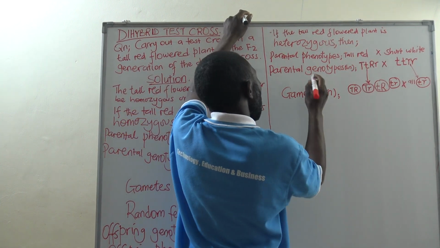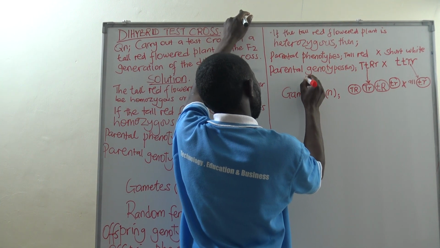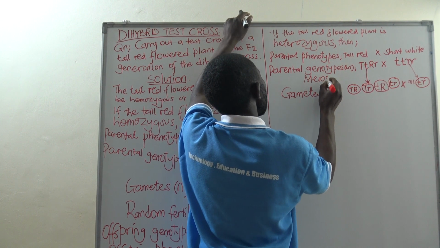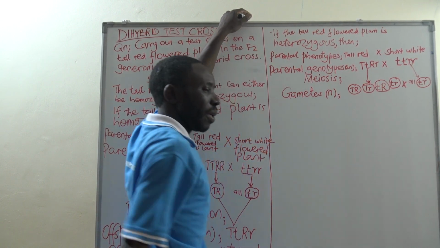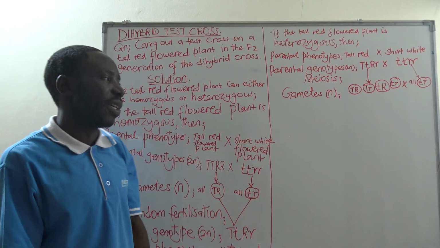Then we have meiosis, during which segregation of the genes and independent assortment take place.